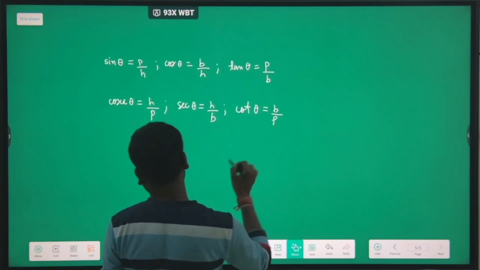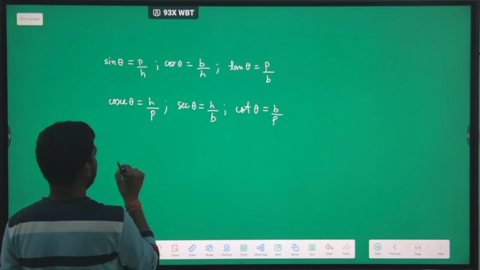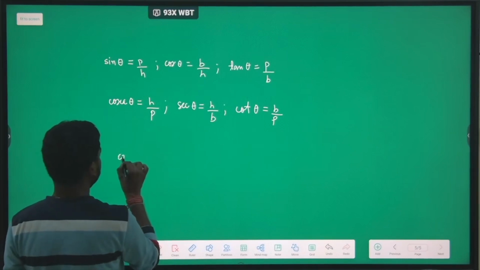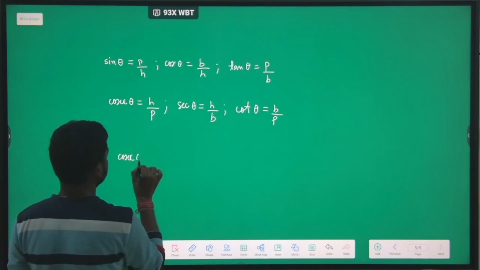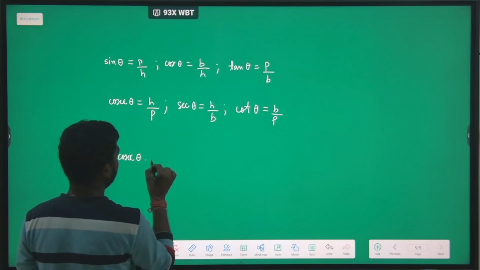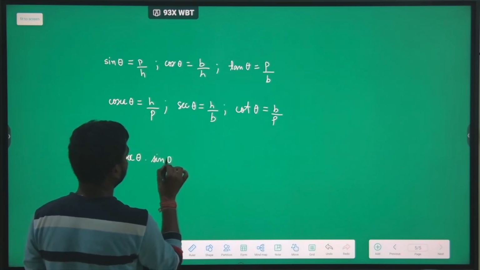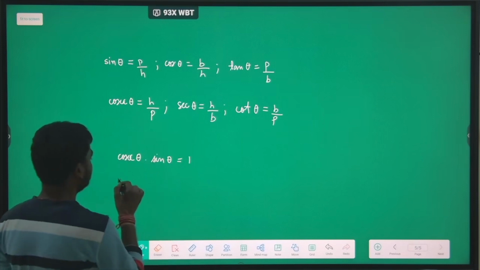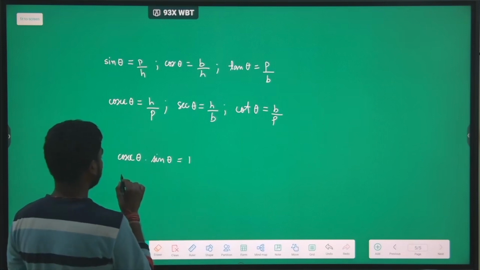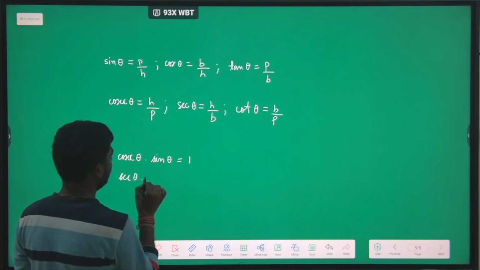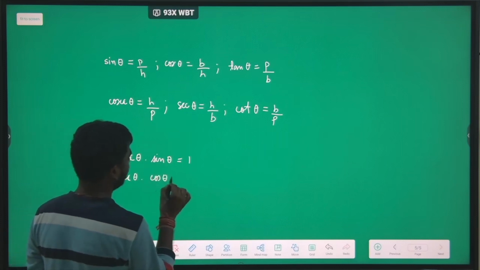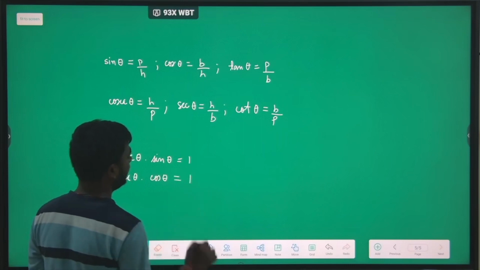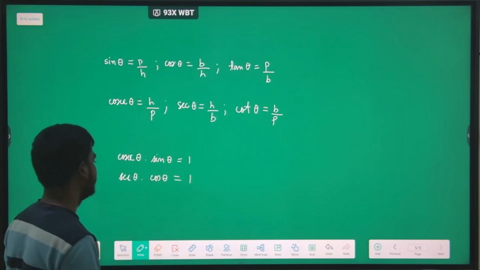After that, we learned that cosecant of theta when multiplied with sine of angle theta is equal to 1. Similarly, secant of angle theta when multiplied with cosine of angle theta gave 1.